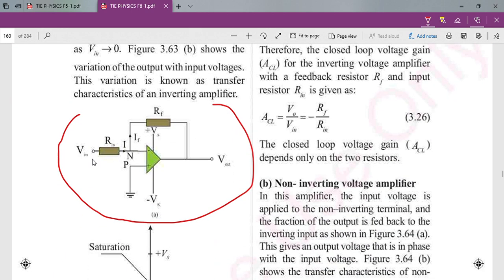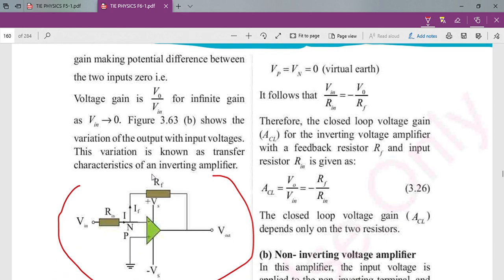Let's consider we have Vin, the voltage input, and the voltage output. The non-inverting input is grounded, and this is VP and VN. Because we have the junction here, the current I equals IF.